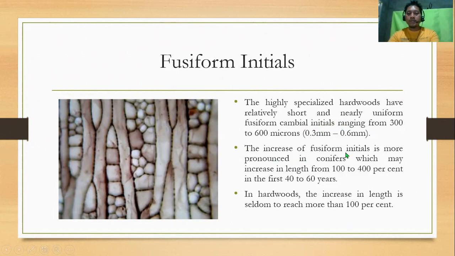The increase of fusiform initials is more pronounced in conifers, with an increase in length from 100 to 400% in the first 40 to 60 years. This means 400% is 4 times the length. While in hardwoods, the increase in length seldom reaches more than 100%. So it is greater in conifers, or softwoods.